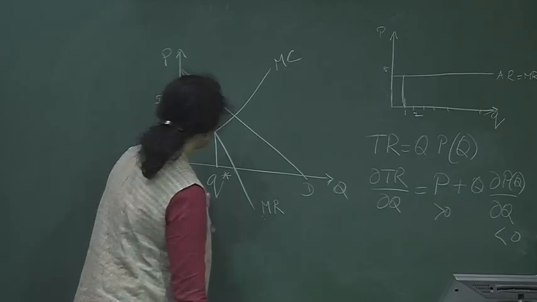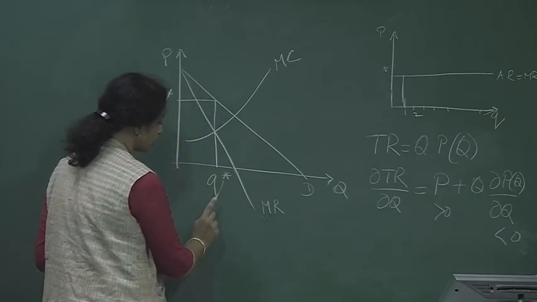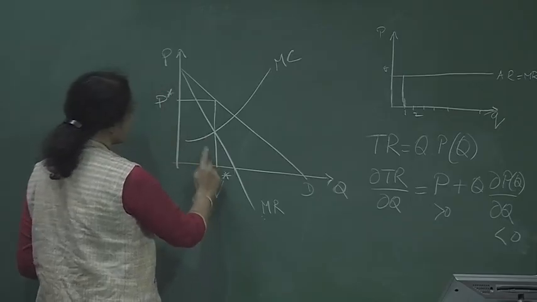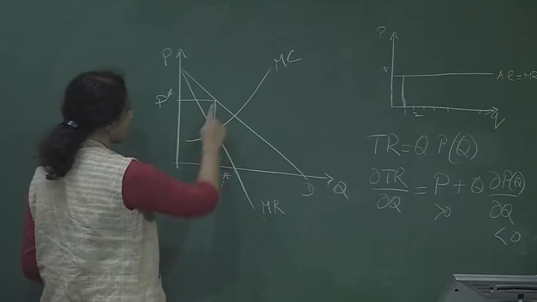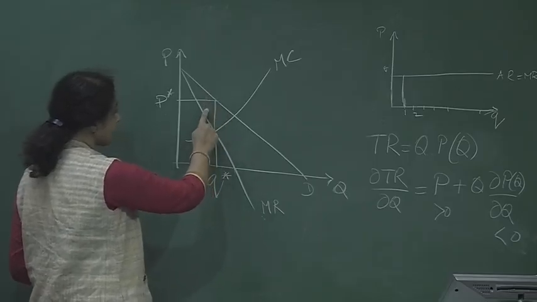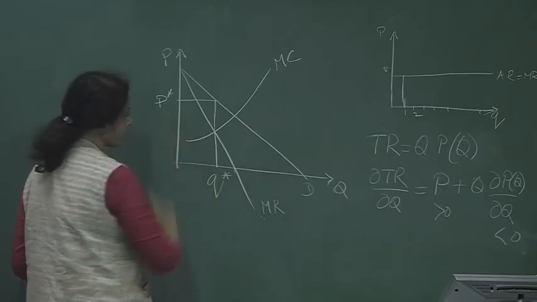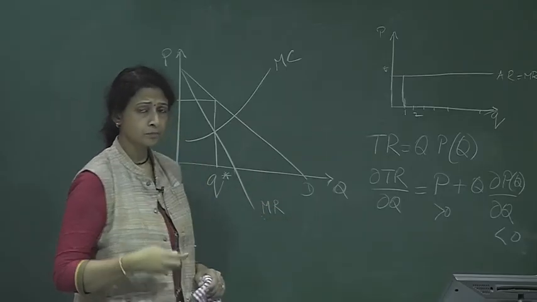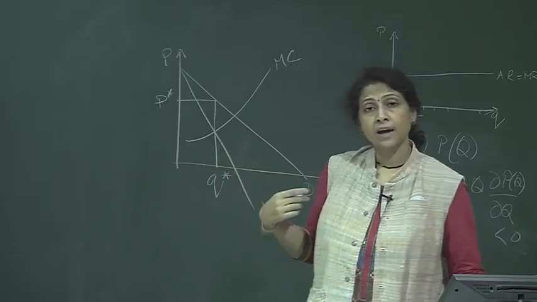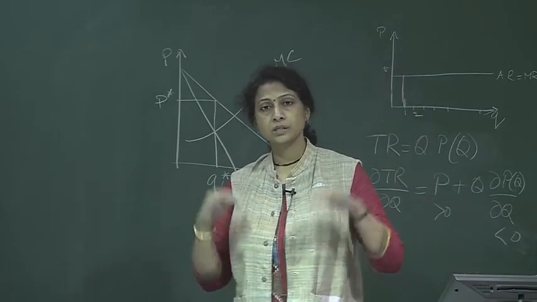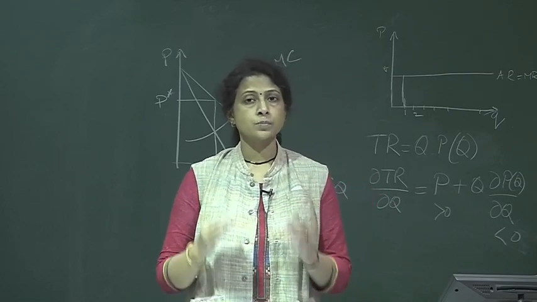So, Q star, his MR-MC intersection, gives us the monopoly output, and once we have the monopoly output, what price the buyers are willing to pay we find from the demand line, and that is the price that the monopolist is going to charge. So, what we understand from this is that although the monopolist is a single seller in the market, yet he has to respect the demand curve.